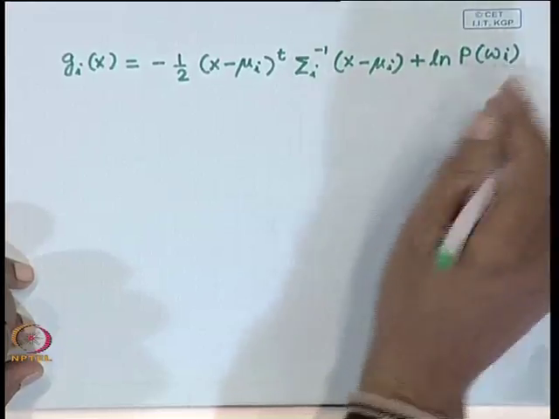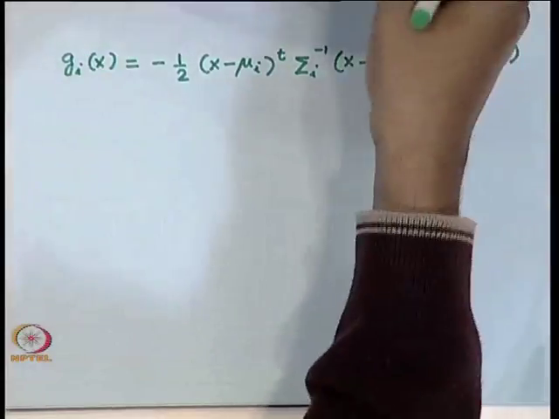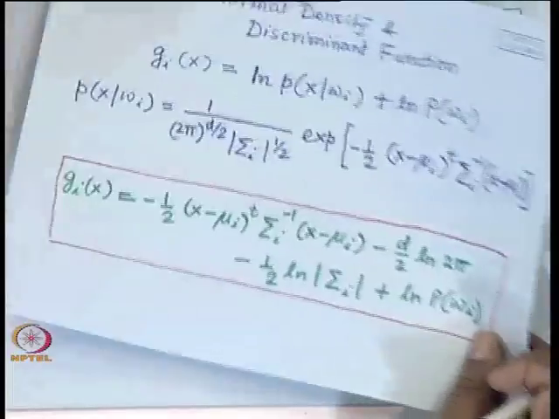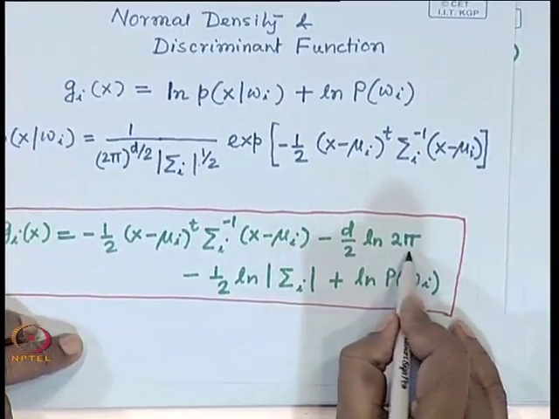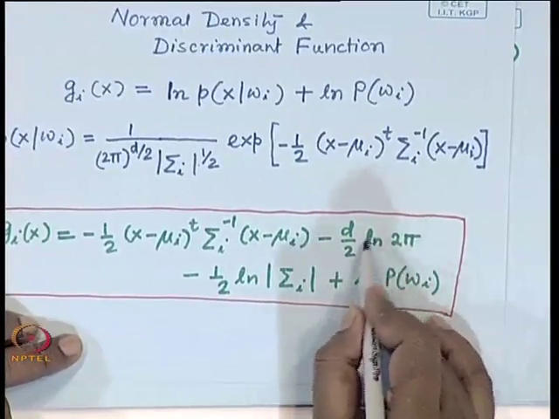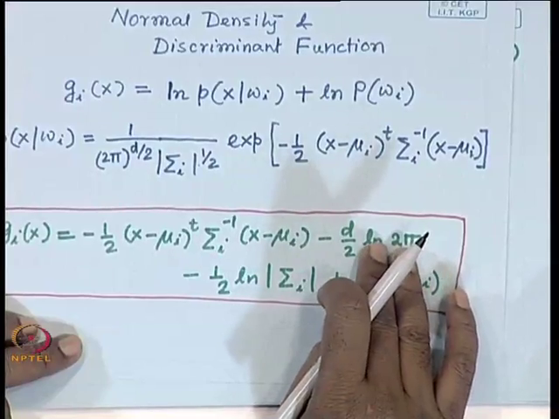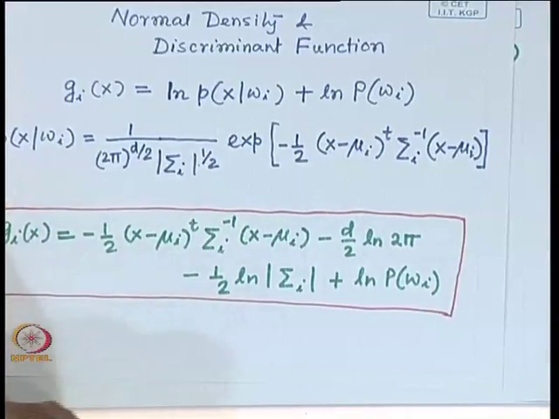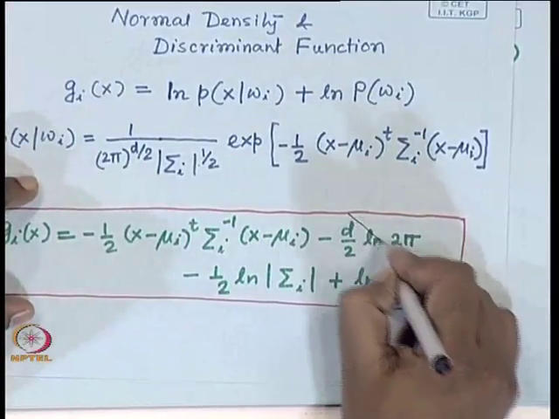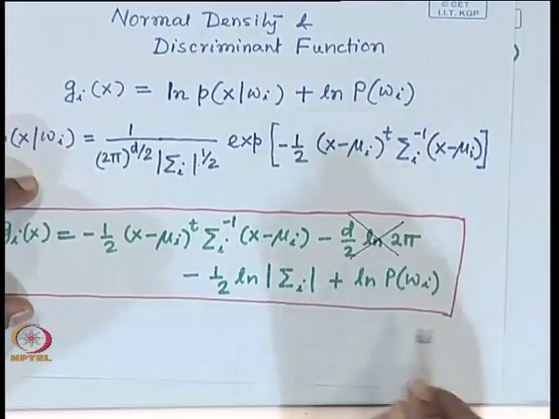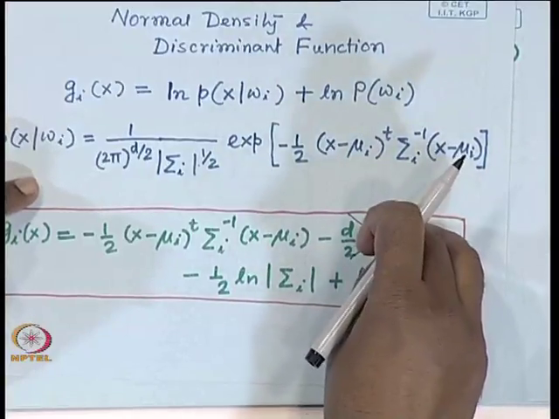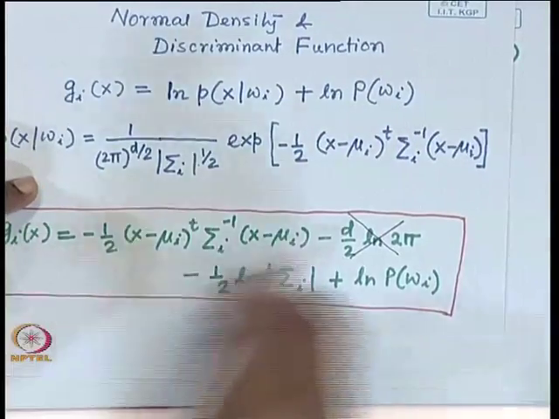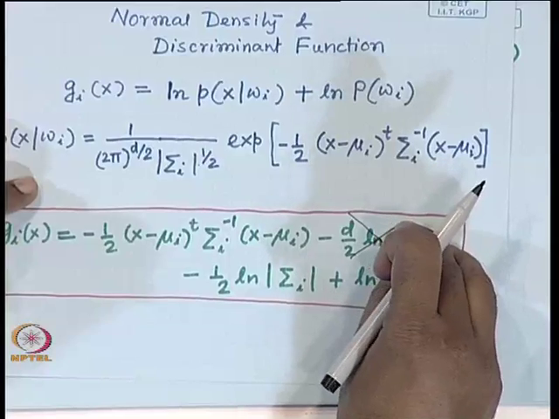Why I am writing it like this is, in this expression, the term minus d by 2 log of 2π is independent of class, it is a constant term. So, I can simply ignore it in the discriminant function, because it is not going to influence our decision; for the discriminant functions of all the classes, this term is going to be present.